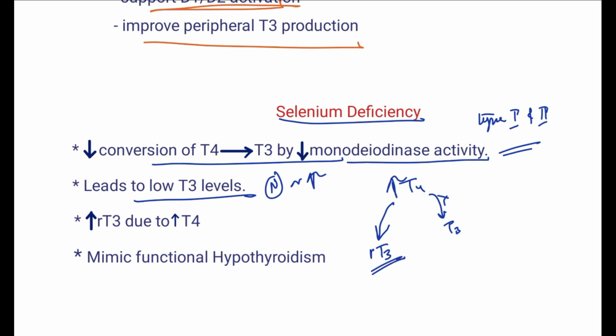So there is increased level of reverse T3 due to increased T4 level. The reverse T3 worsens the hypothyroid symptoms. So selenium deficiency mimics functional hypothyroidism at tissue level.